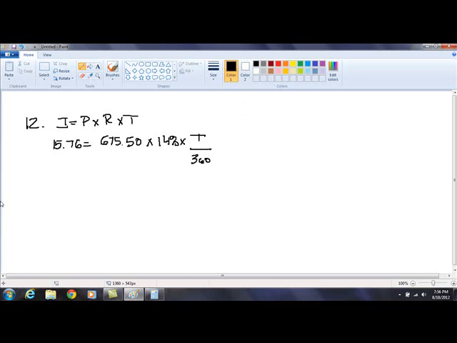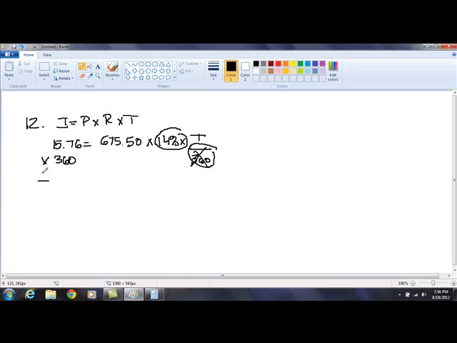Okay? Always, always, always start at the same place. I'm going to be solving for T this time. I always start with my 360. My 360 is currently being divided. So to bring it over, I will multiply times 360. My 14% is currently being multiplied.